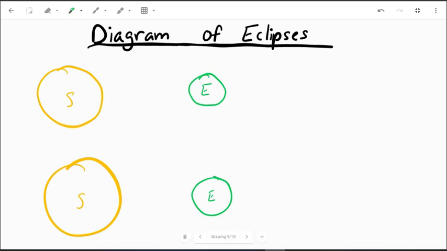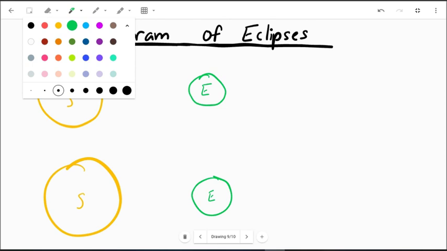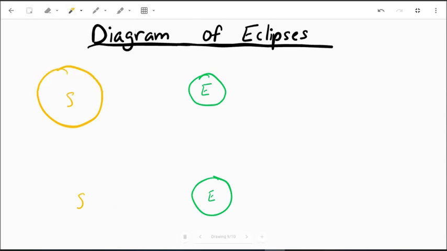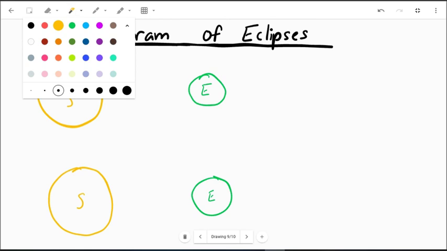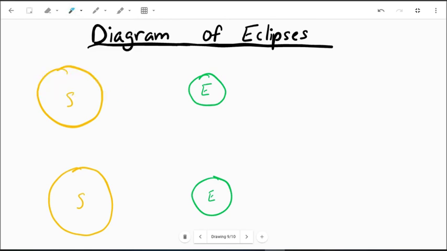If there's a little error, it's okay. It's not going to be the end of your diagram. But you want it to be as close as possible. If I had a copy and paste, I'd use that. So we'll make our first one a solar eclipse, and we'll make this next one lunar.